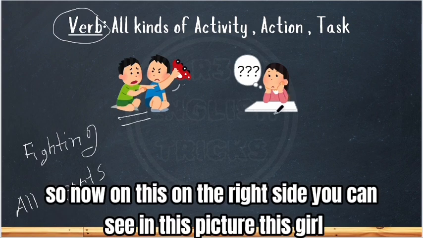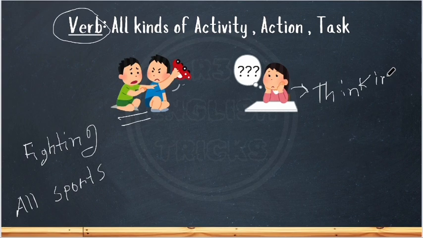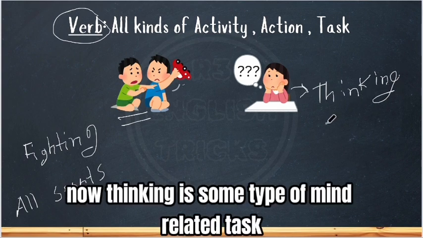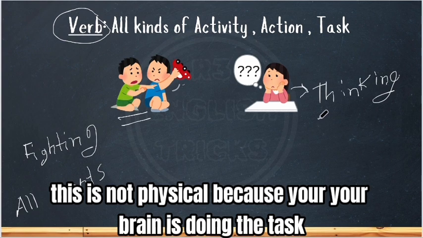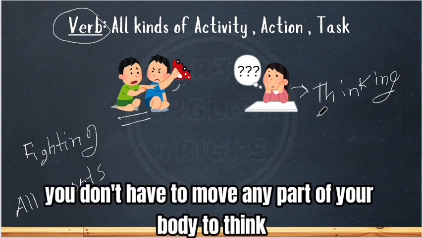Now on the right side, in this picture, this girl is basically thinking something. Now thinking is some type of mind-related task. This is not physical because your brain is doing the task, not your body. You don't have to move any part of your body to think.